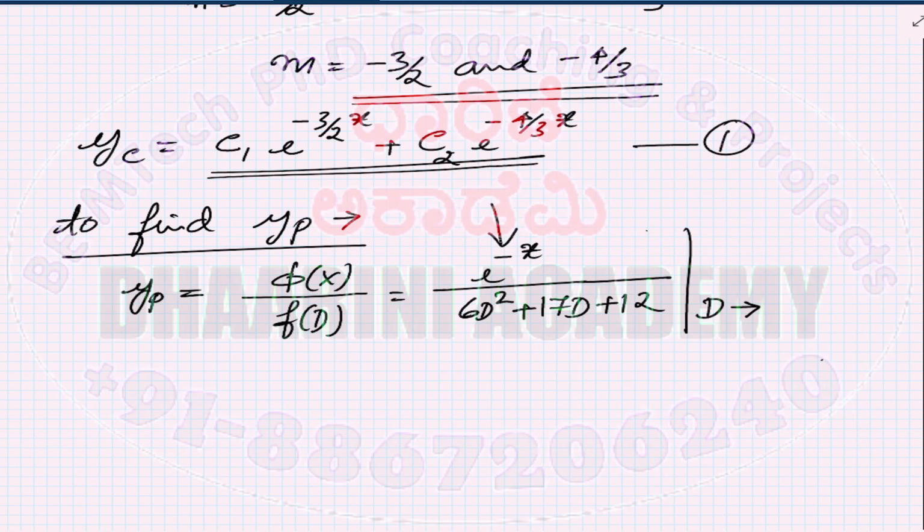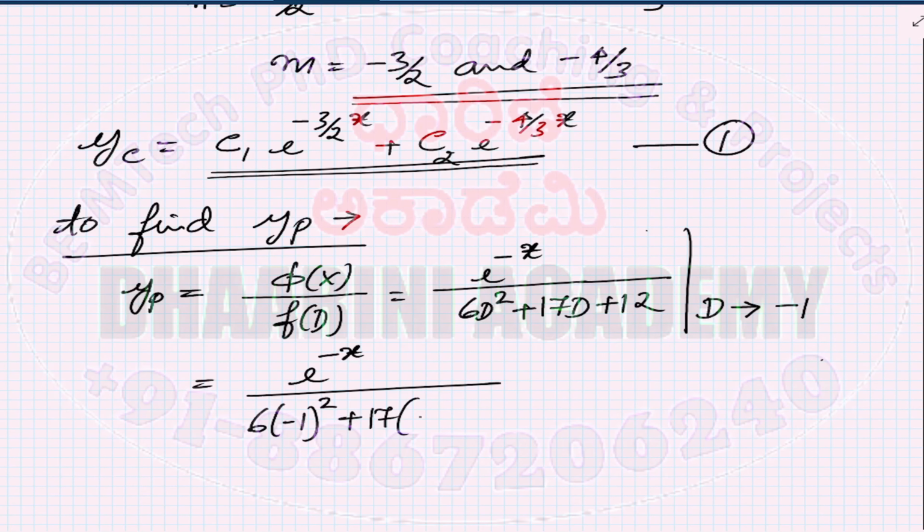When I look at the question, it is e to the power minus 1 into x. So every D should be replaced by minus 1. This means it is e to the minus x divided by 6 into (minus 1) squared plus 17 into minus 1 plus 12.